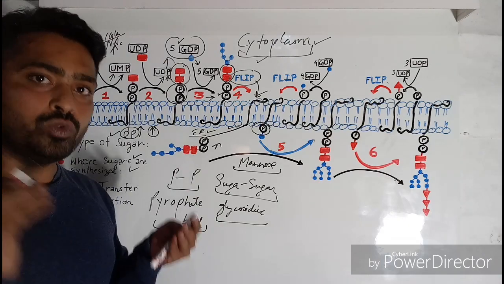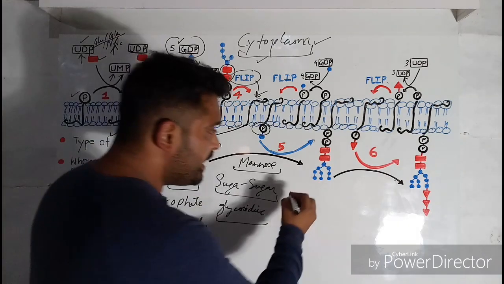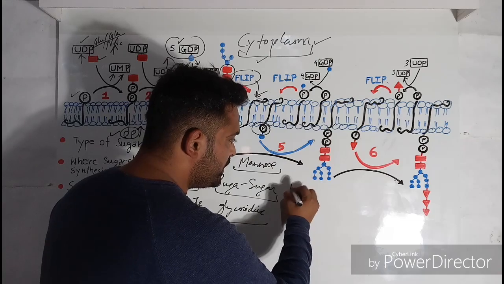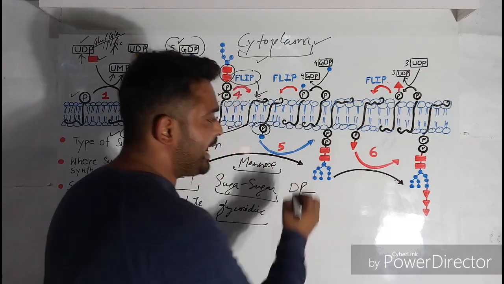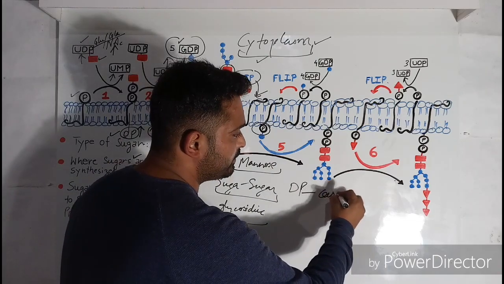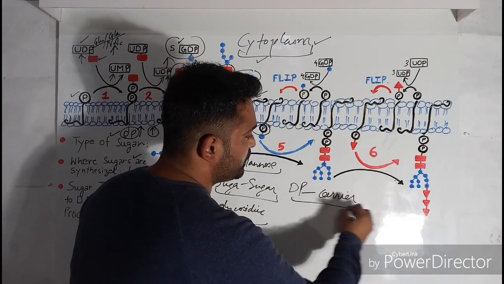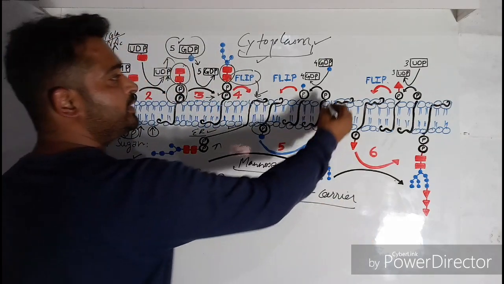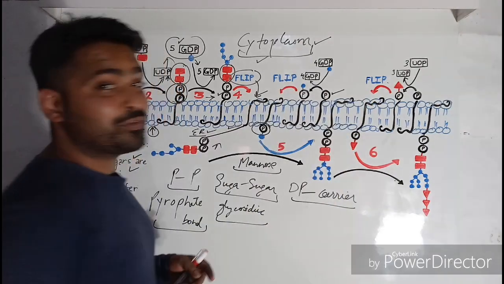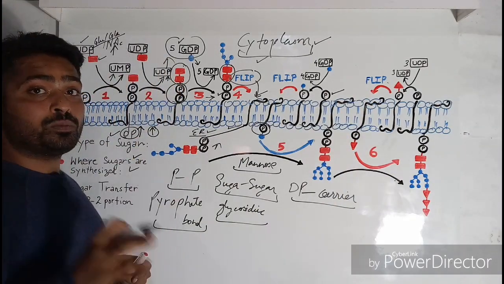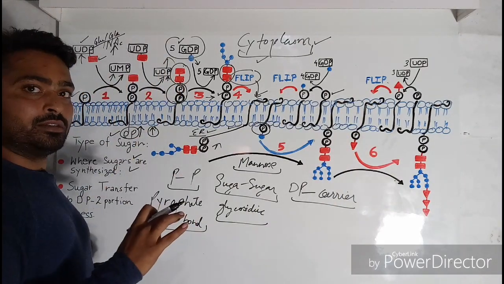So what we do here, we take another molecule of Dolichol phosphate which would act as a carrier. So here we have another Dolichol phosphate which is facing now the cytoplasmic side of ER.